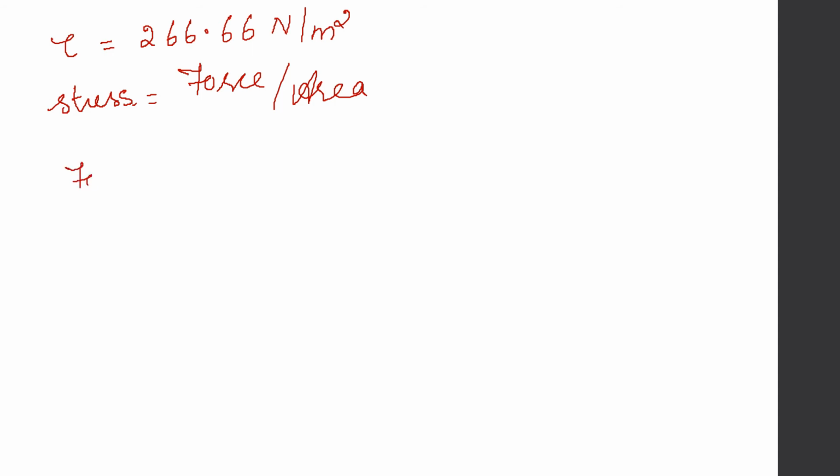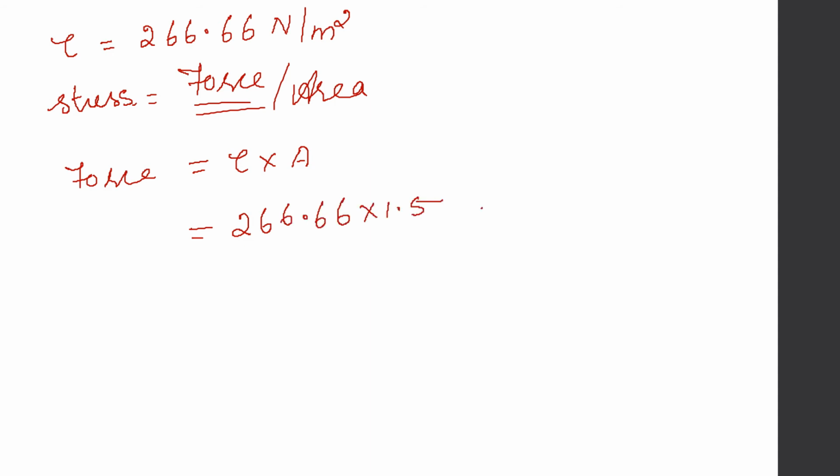Now, the force is equal to tau into area. Force is equal to tau multiplied by area. We get the force required is 266.66 into 1.5. So we get 400 Newton. Now this is one answer.